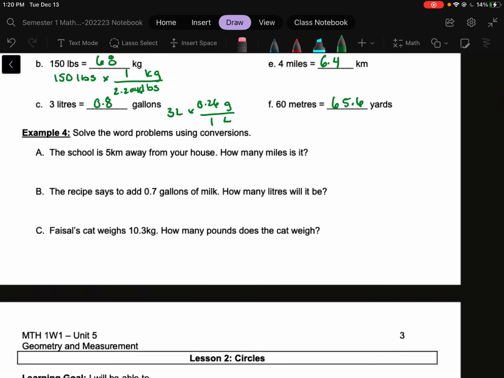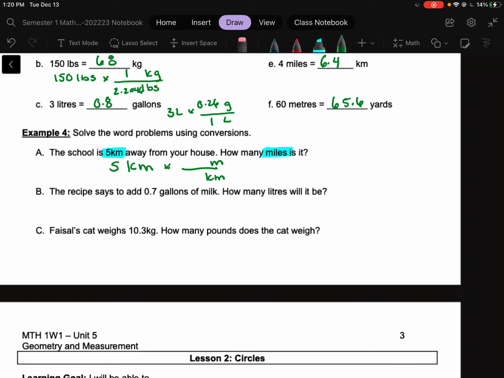Alrighty, so check your work, make sure you got that correct. And then let's do the last example together. So it's to solve the word problem using conversion. It says the school is 5 kilometers away from your house. How many miles is it? So we are looking at converting kilometers to miles. So we have 5 kilometers.